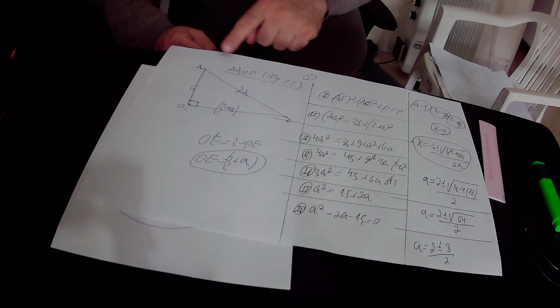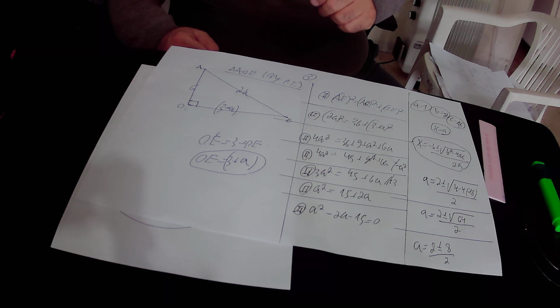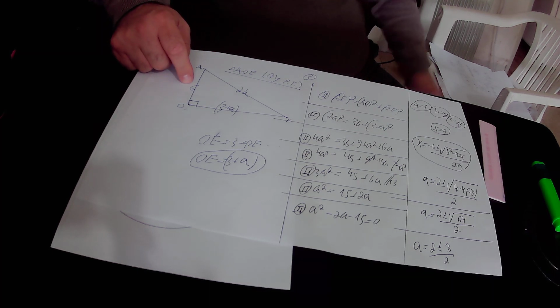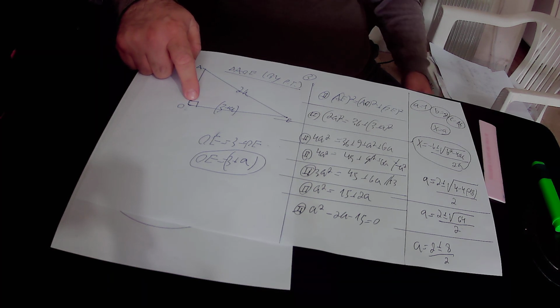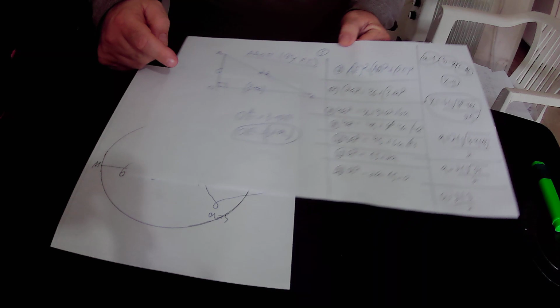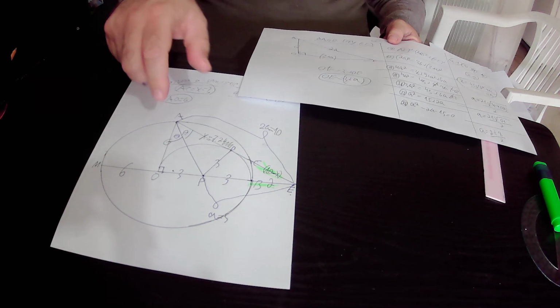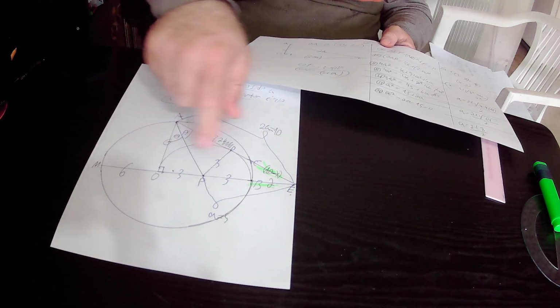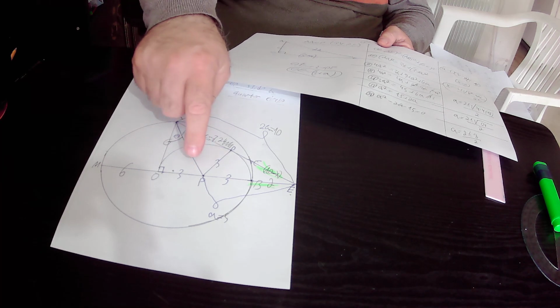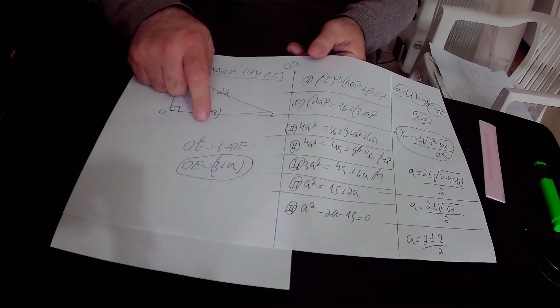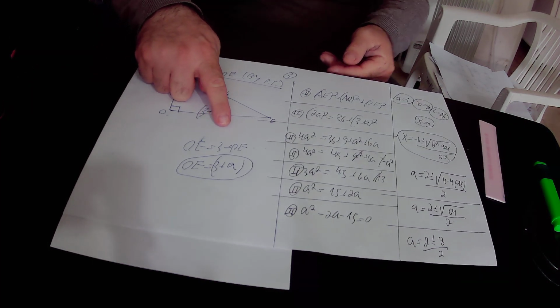We have already found that AE equals 2A. AO equals 6 units according to what is given in the question. This angle equals 90 degrees because we are talking about a quarter circle. And what is the length of OE? OE equals OP plus PE. Again, OE equals OP plus PE.